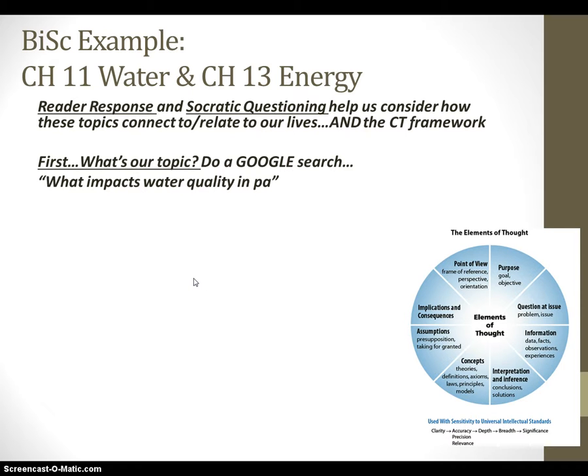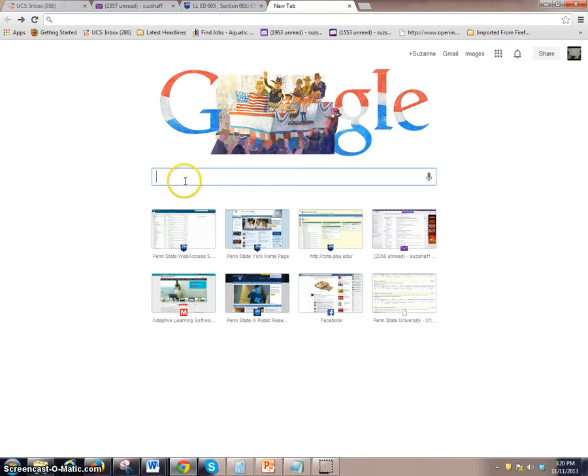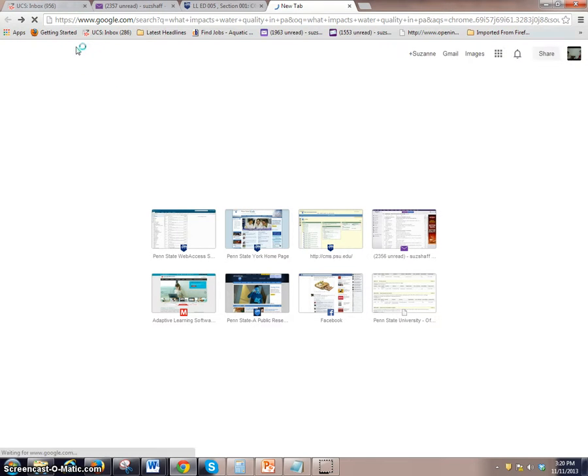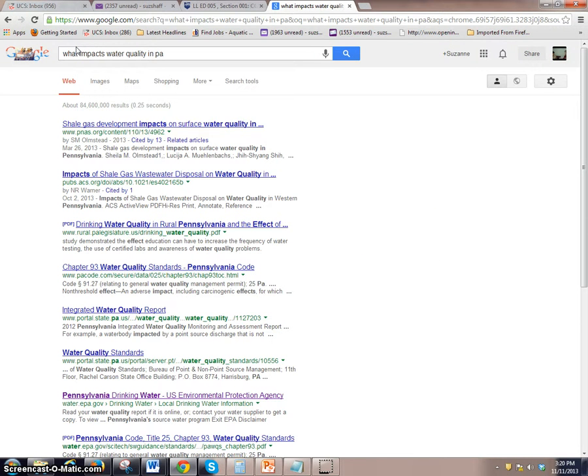So if you do a Google search, what impacts water quality in Pennsylvania, for example, if we're looking at water and the safety of water, that could be a good Google search question. What comes up? So go ahead and do the Google search and let's see what comes back.